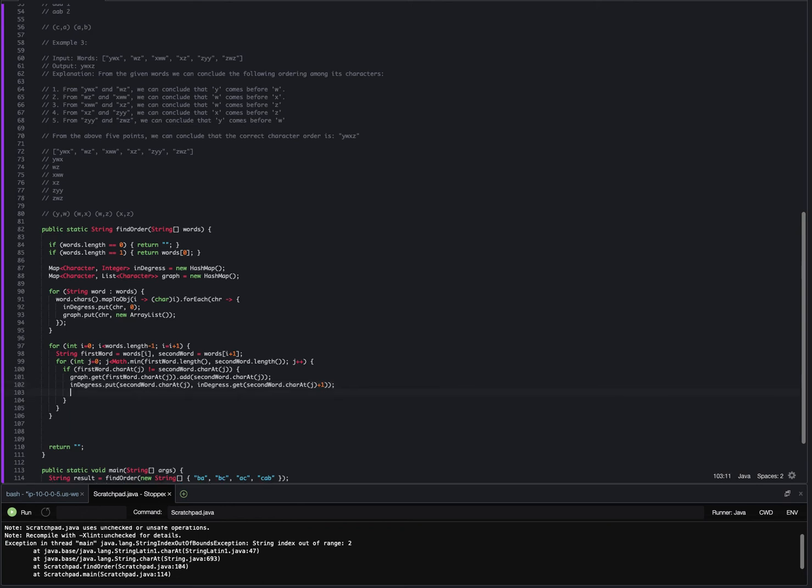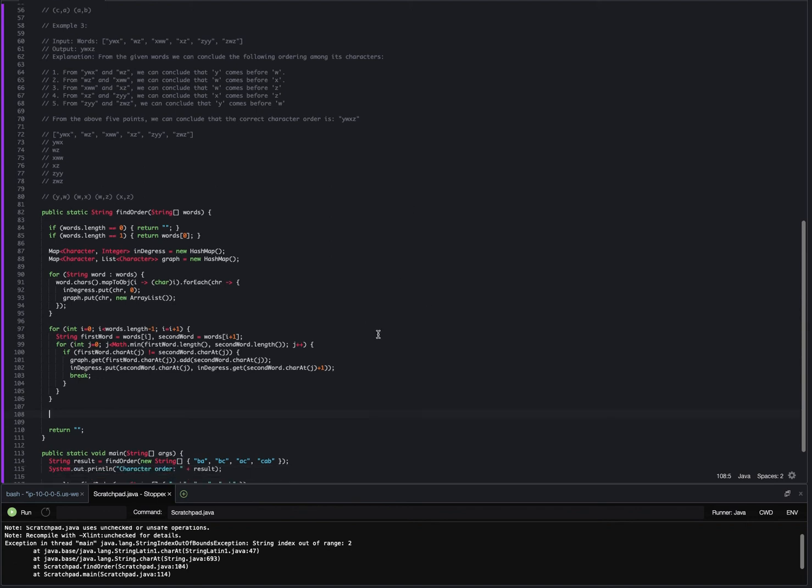Okay, so once we find different characters, we can break out of this loop, because we really don't want to go through all characters and do this, right? Because we just want to find the first point at which these two words were sorted. Okay, now let's see.